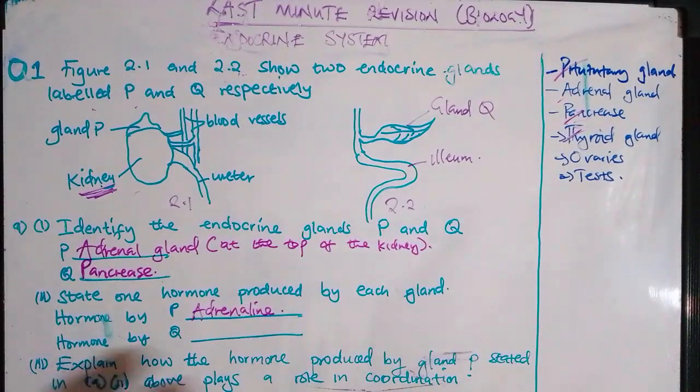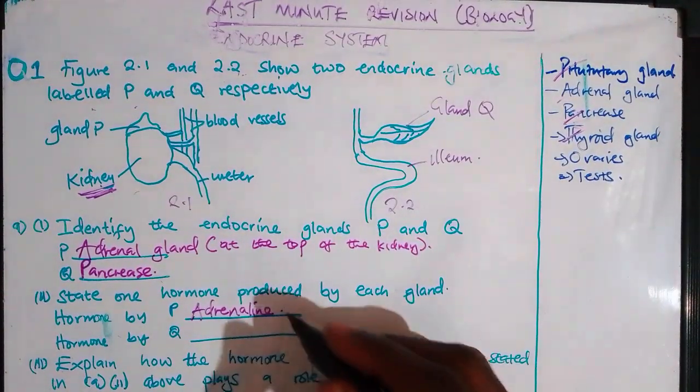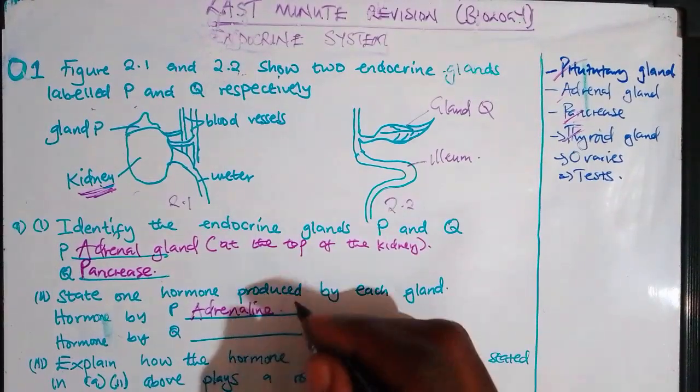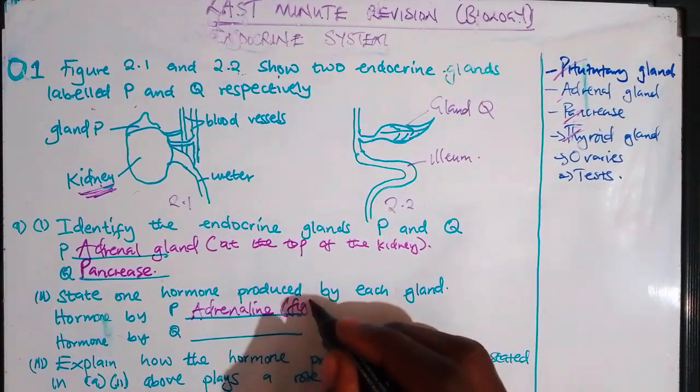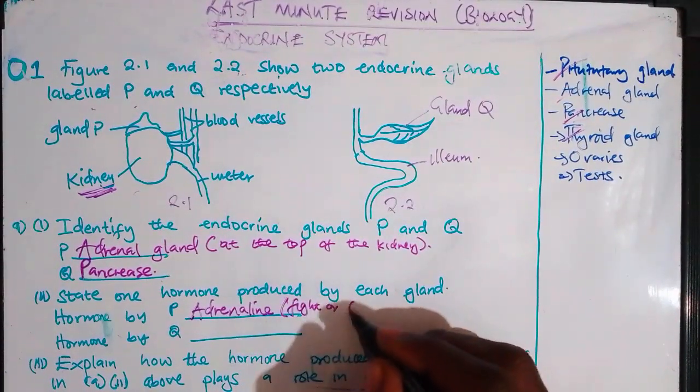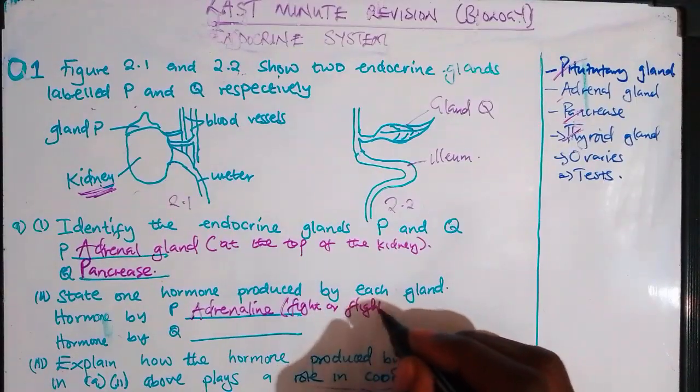Adrenaline from adrenal. Just remember that from adrenal gland, just add line, meaning the adrenal gland produces adrenaline, which is also known as the fight or flight hormone.